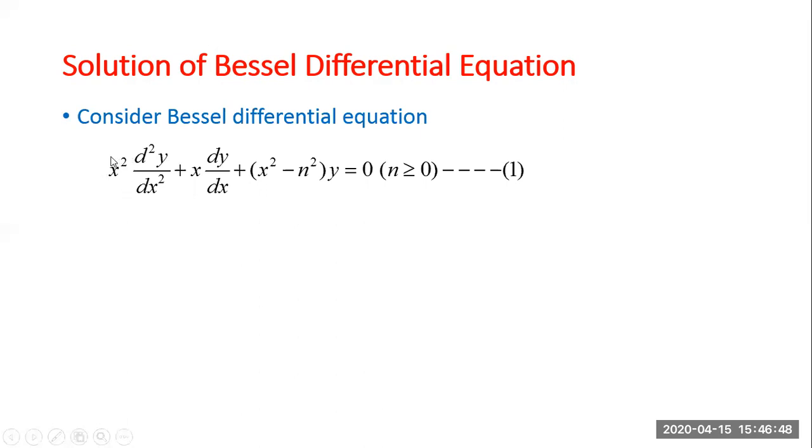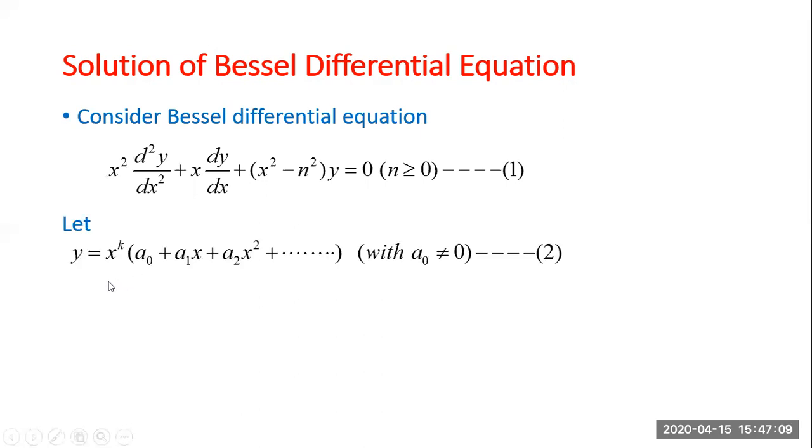In this coefficient, if I substitute x is equal to 0, this term becomes 0. So if the coefficient of d square y by dx square becomes 0 for x is equal to 0, then the point x equal to 0 is called a singular point. If x is equal to 0 is a singular point, then the solution of such an equation is given by y is equal to x to the power k into (a0 plus a1x plus a2x square and so on up to infinity).